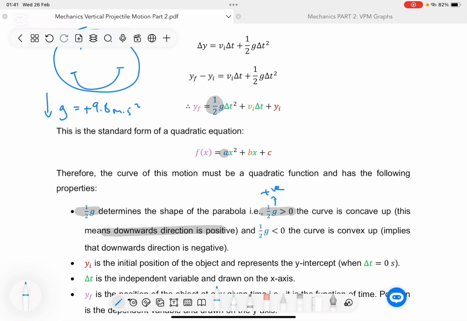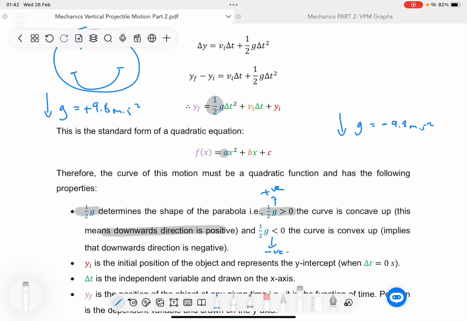The converse is true. If 1 over 2 g is less than 0, in other words, if it is negative, that means downwards should be negative, because again we know that g is always pointing downwards. But if I'm having a negative g, which is negative 9.8 meters per second squared, when I multiply it with a half, I'm going to get the whole thing to be negative.